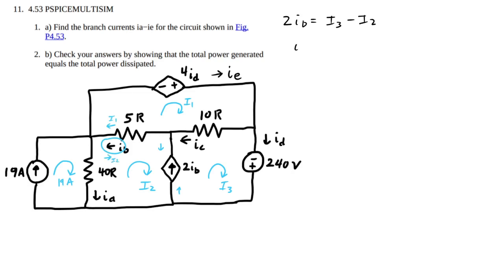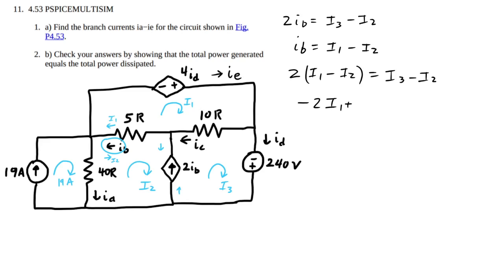So I can say IB is I1 minus I2. So if you combine these, 2 times I1 minus I2 equals I3 minus I2. And using that, we'll just put everything on the same side, and you'll see why in a moment.